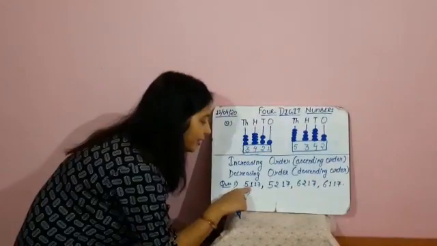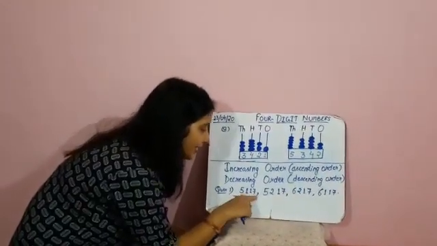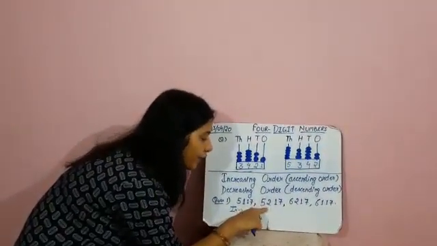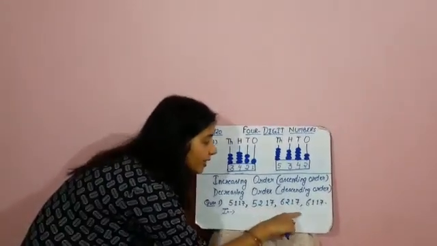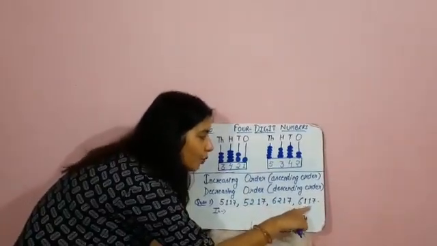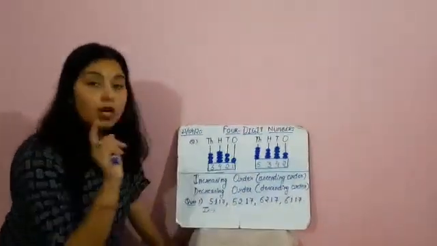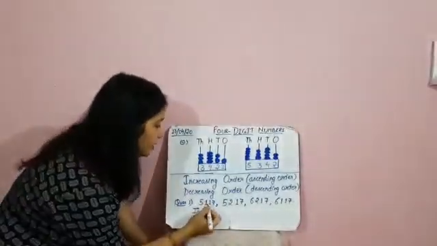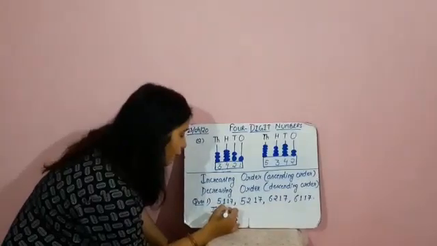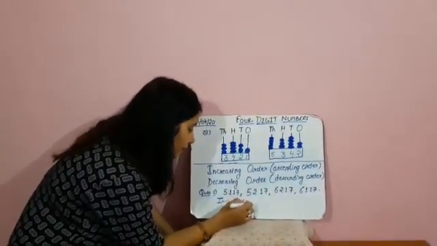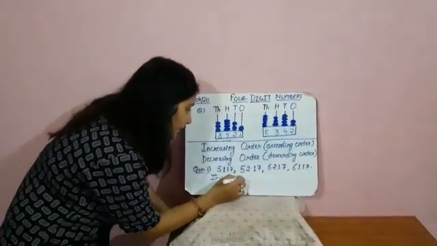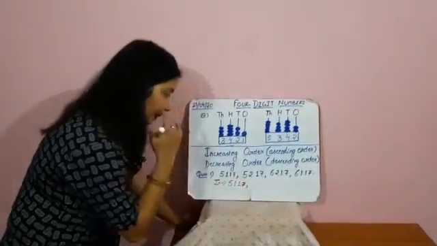The numbers are 5117, 5217, 6217, 6117. So the lowest number among them is 5117. This number we will write at first.